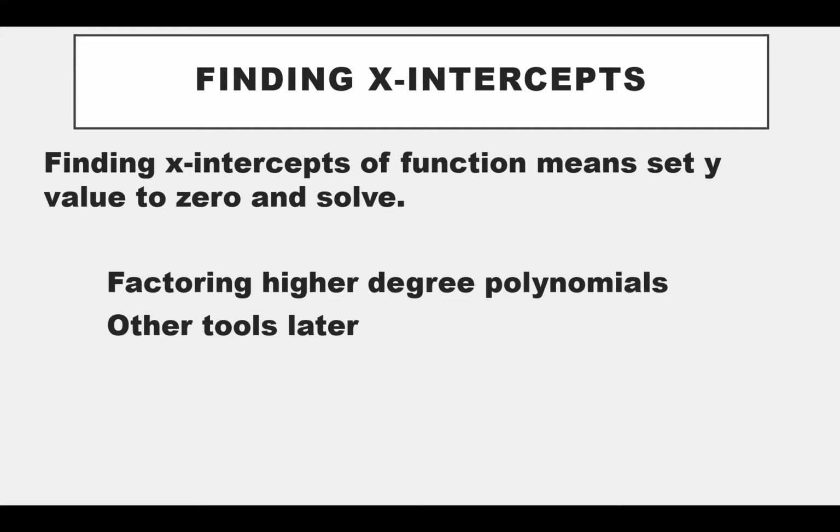Right now, we'll take a look at one type of method for finding these x-intercepts, for solving the polynomial functions. And later on, maybe in other videos, we'll see other methods. The method that we're going to focus on right now is factoring.